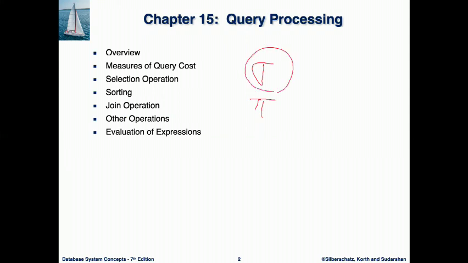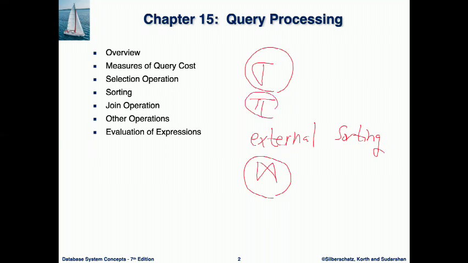So selection, and then we also learned external sorting, essentially sorting records using the disk because there are too many records to deal with in the main memory. And then we'll be learning 5 different join algorithms, okay?